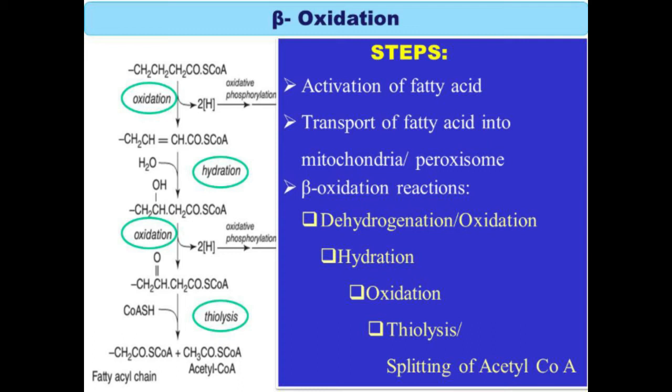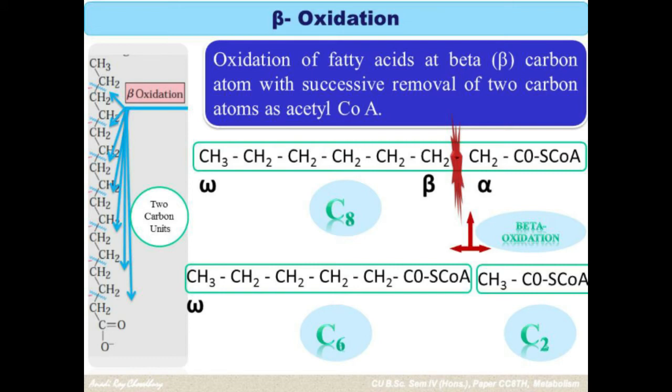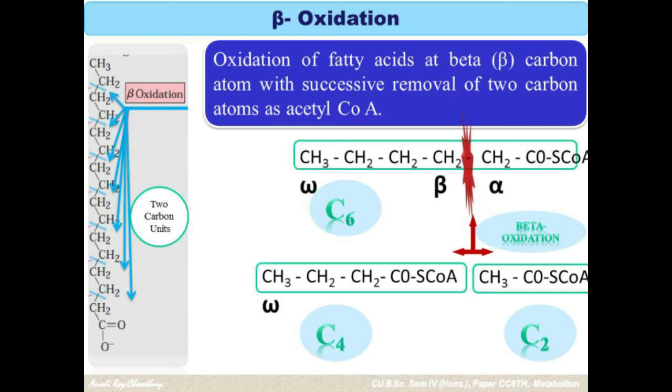Fatty acyl-CoA within the inner mitochondrial matrix undergoes only 4 steps to produce 2 carbon unit acetyl-CoA: oxidation, hydration, again oxidation, and thiolysis. Each cycle of beta oxidation produces 2 carbon unit acetyl-CoA, and the carbon chain length of the fatty acyl-CoA reduces by 2 units.